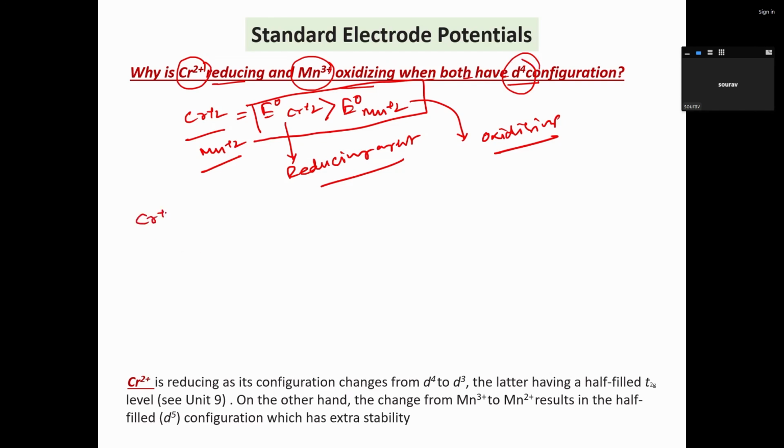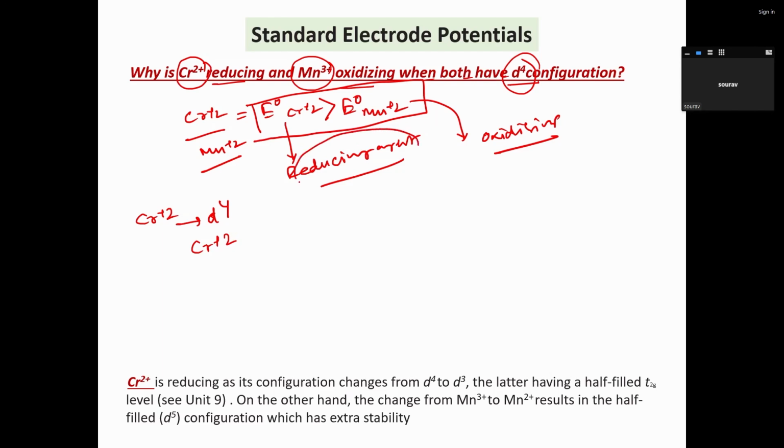Because if you see chromium plus 2, it has the d4 electronic configuration. When it is reducing, that means chromium plus 2 will lose one electron. It is reducing another, and it is oxidized itself, because chromium plus 2 has the greater reduction potential value than Mn plus 2.